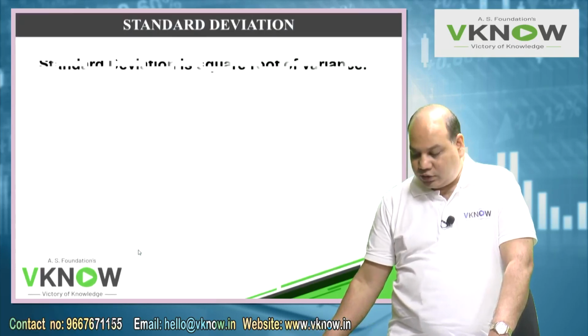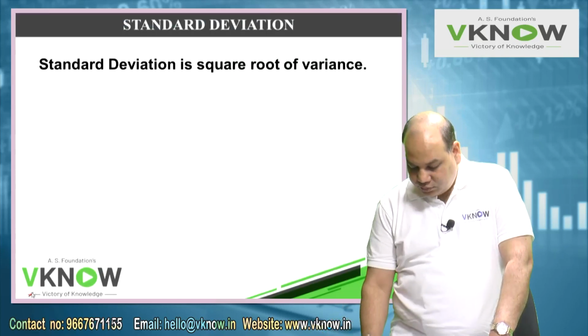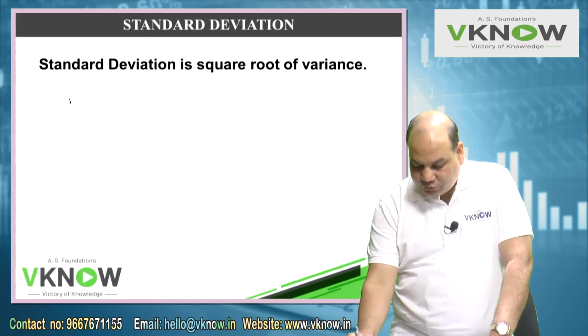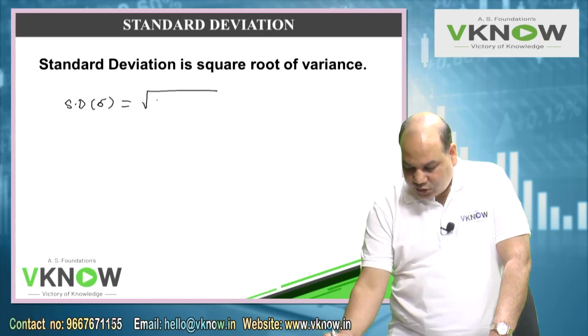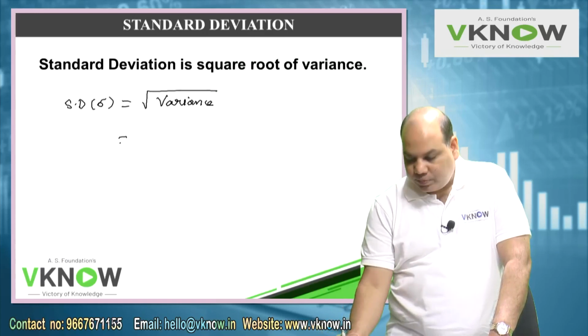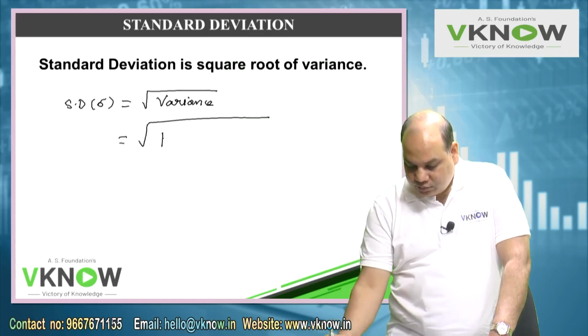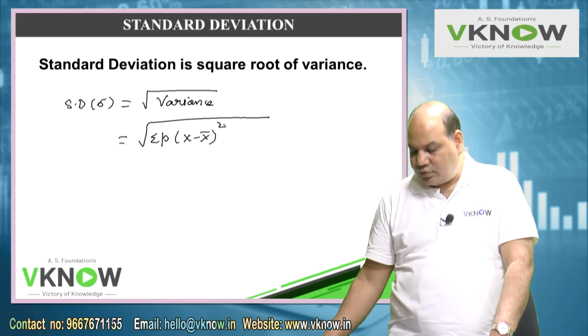Then standard deviation. Standard deviation is the square root of variance. So no separate formula. Standard deviation is written as sigma is under root variance. And if probabilities are given, then summation p into x minus x bar square.